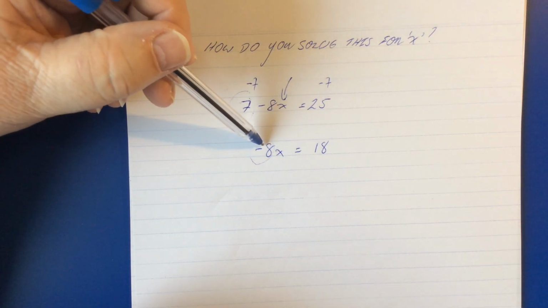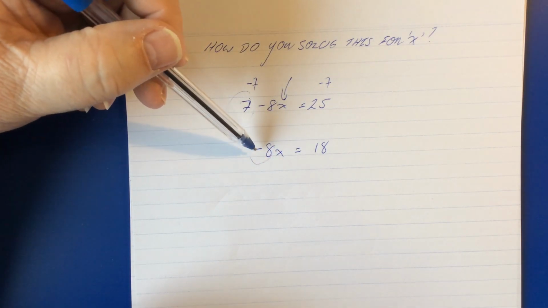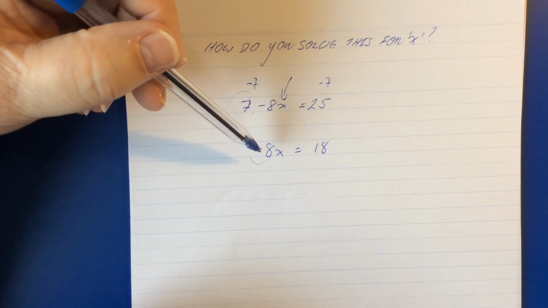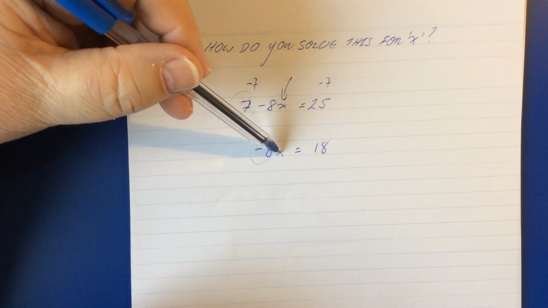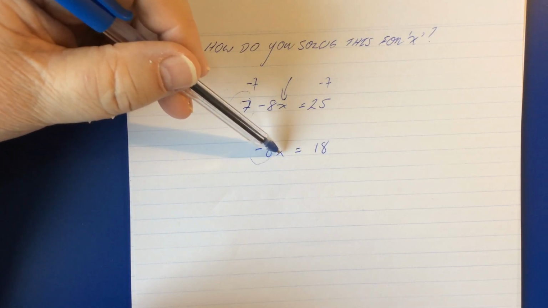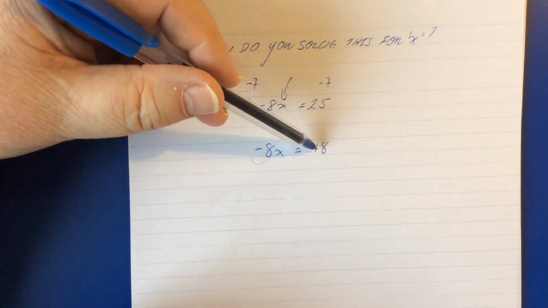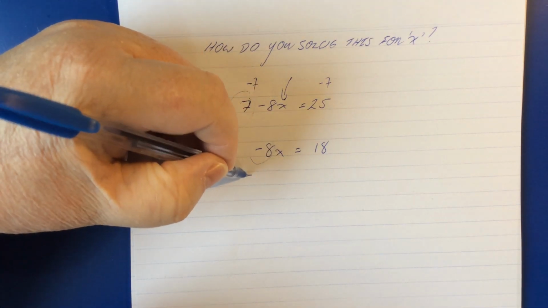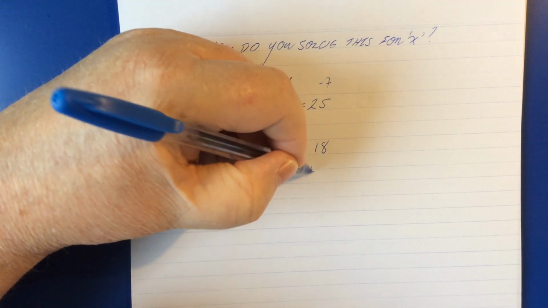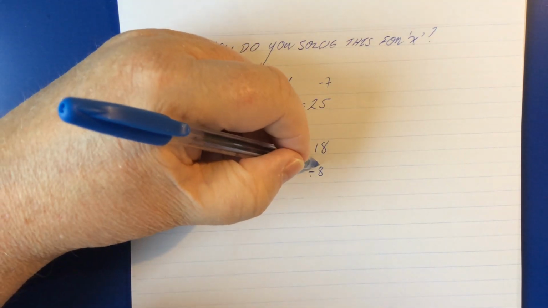So, in order to rid ourselves of this troublesome number, we do the opposite of what it's doing. Negative 8 is multiplying x, so we are going to divide both sides by negative 8.